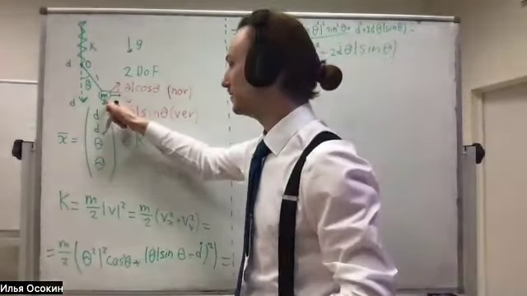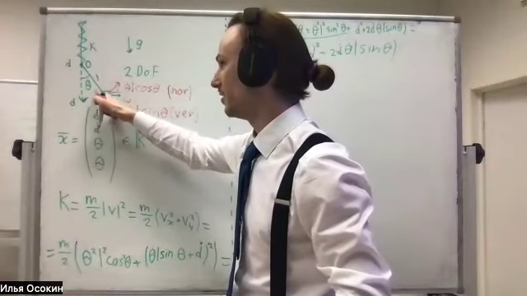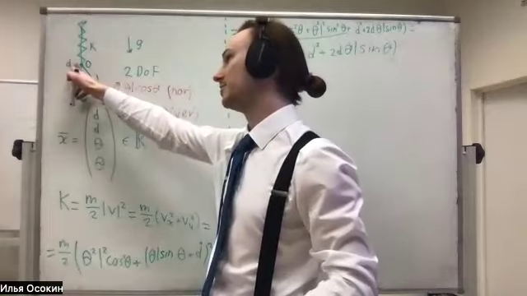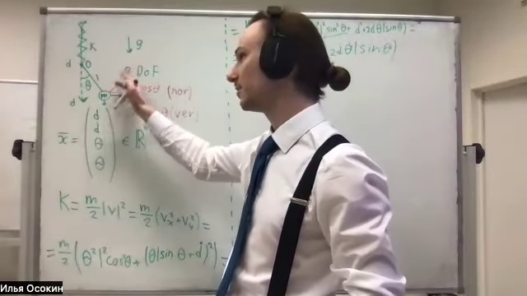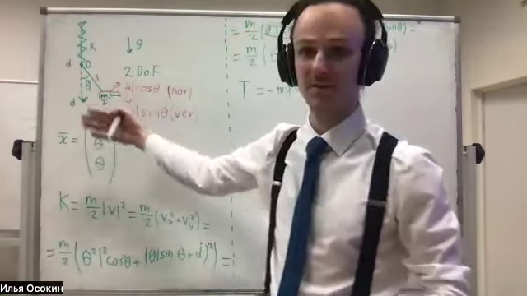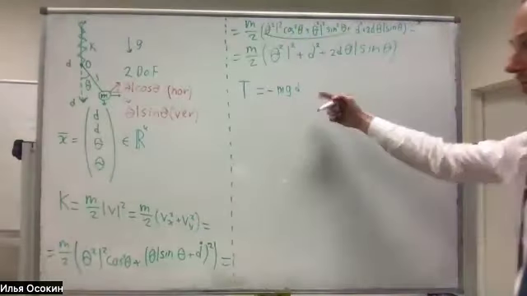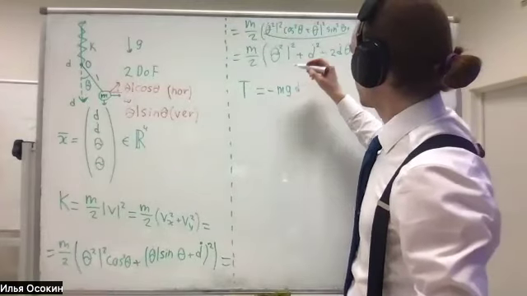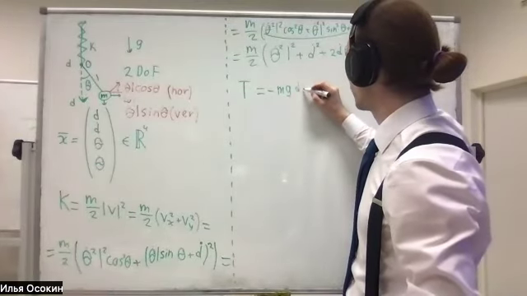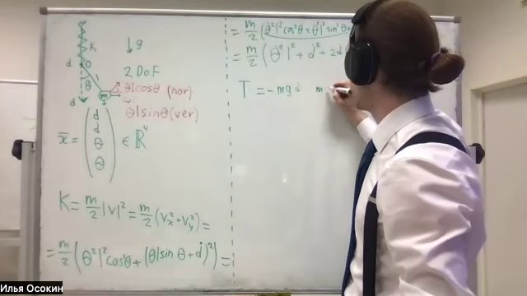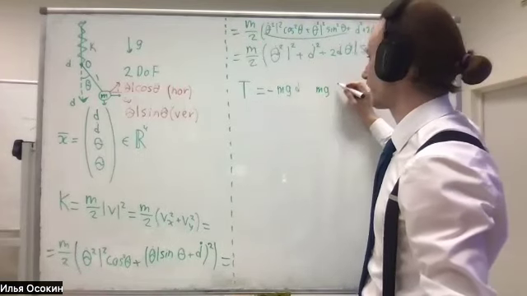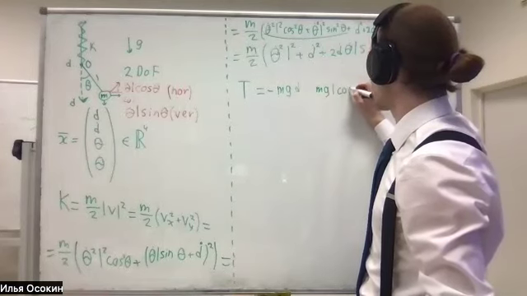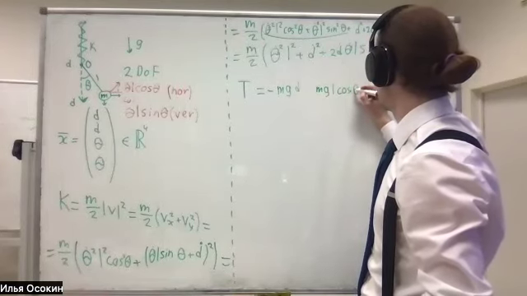And the second term will be due to the angle. If we're not changing the linear displacement and changing the angle, the mass is being uplifted. So there's a second component to that, and it will be m times g times L cosine theta.